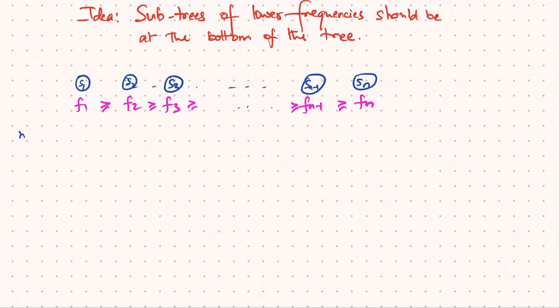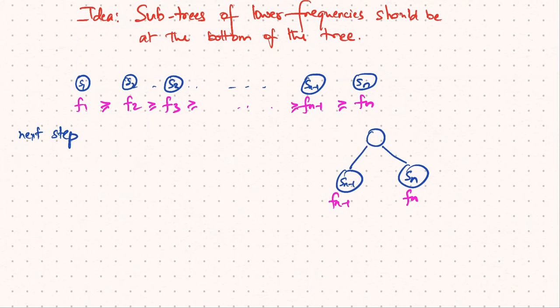Right? So in the next step, over here, these two leaves have the lowest frequency. So what I would do is I would just put these two as n minus 1 and n, these two frequencies fn minus 1 and fn, I would just combine them together into one subtree, right?